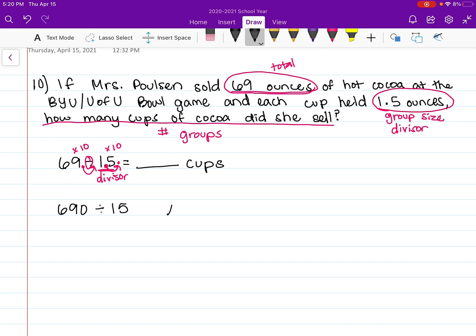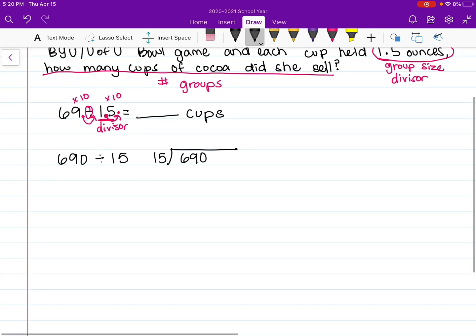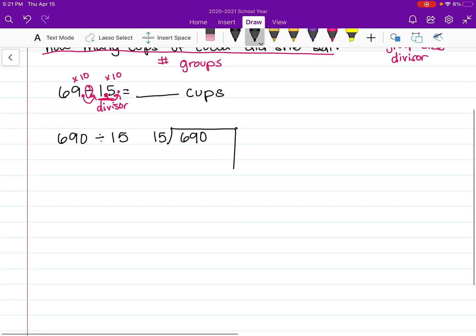Now, I can go ahead and use partial quotients. 690 is my dividend. It goes on the inside. 15 goes on the left side. And then my partial quotients line to keep the number of groups I'm taking away, subtracted from the number I'm actually taking away.